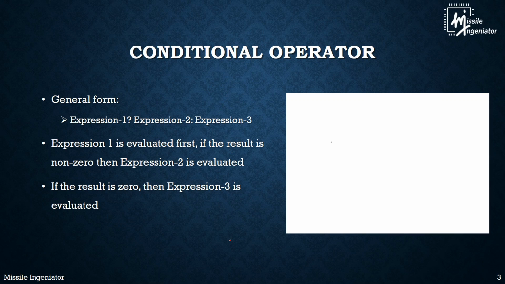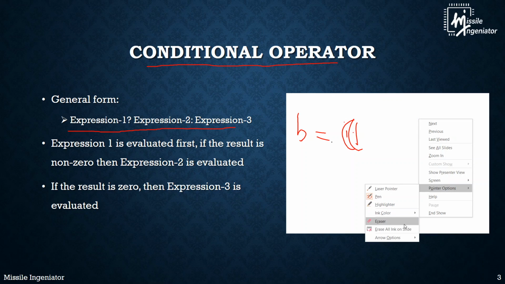Let me give the conditional operator explanation. This is the basic form of the conditional operator. Say you want to assign a value to b based on a condition: b equal to 1 for one condition and 0 for the other.